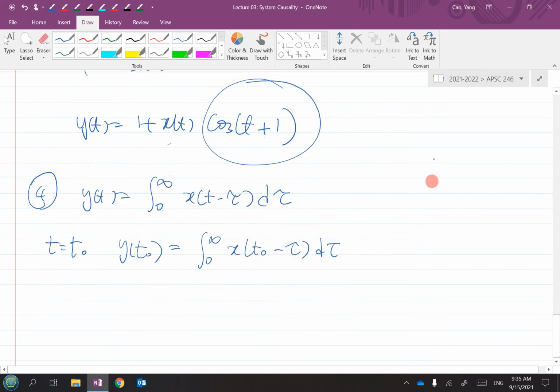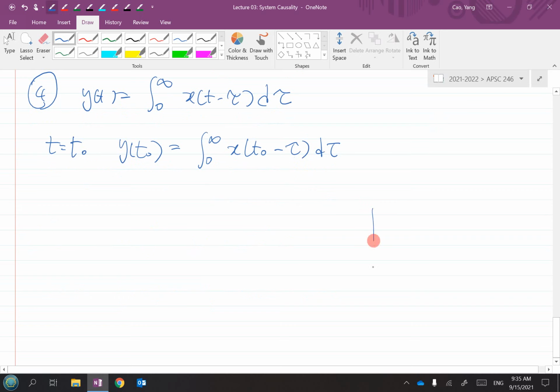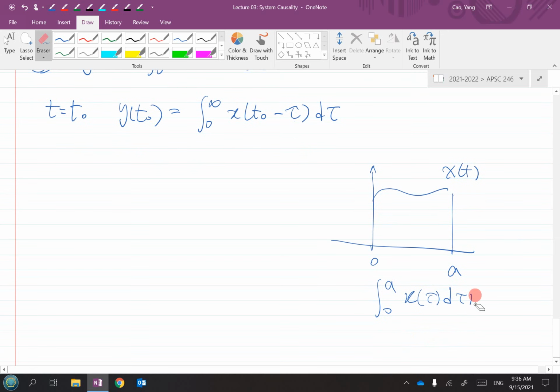Let me quickly go over this. Suppose I have a function x of t, and you integrate it from 0 to, let's say, a, dt. Or you can just use a tau here, that's fine. So how is this integral calculated or approximated?